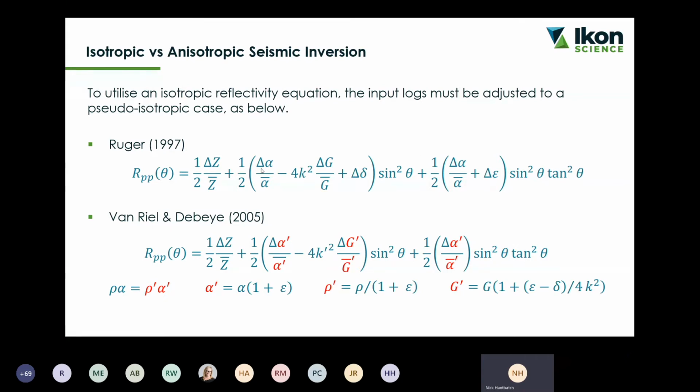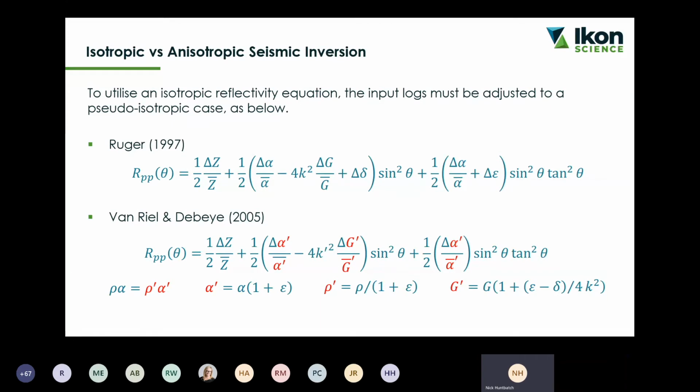It basically says if you've got contrast in those parameters, that's how it will impact the reflectivity. And it's easy to use in your forward model: you just have to build that anisotropy description or set of parameters per facies, as we talked about, and then plug that into the reflectivity equation, and you've got your synthetic. Not so easy in the inversion, of course, because of that facies element.